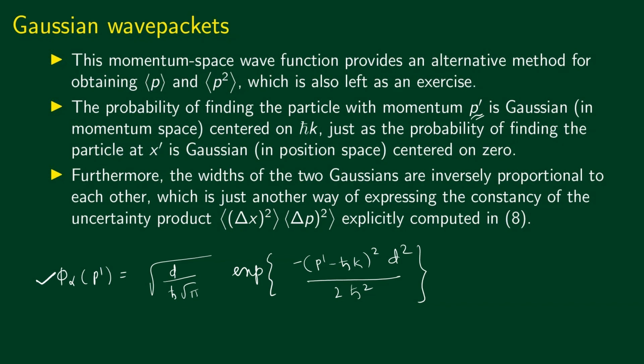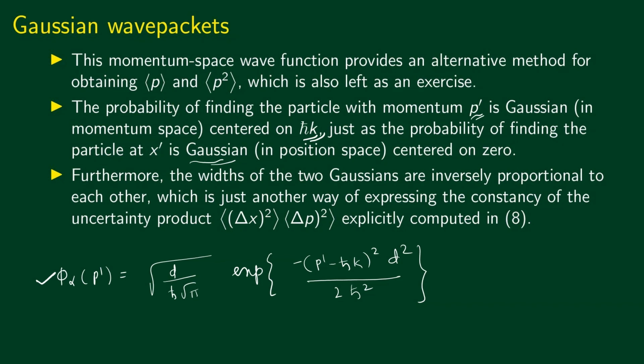This is shifted by h bar k from p prime equal to 0. So the probability of finding the particle with momentum p prime is a Gaussian in momentum space centered on h bar k, just as the probability of finding the particle at x prime is a Gaussian in position space centered on 0. So when I Fourier transform a Gaussian, I still get a Gaussian.